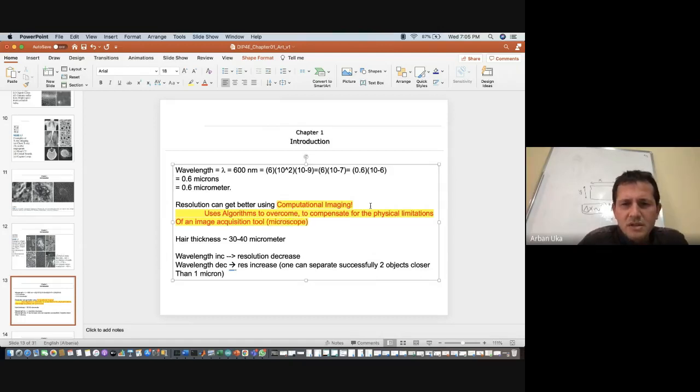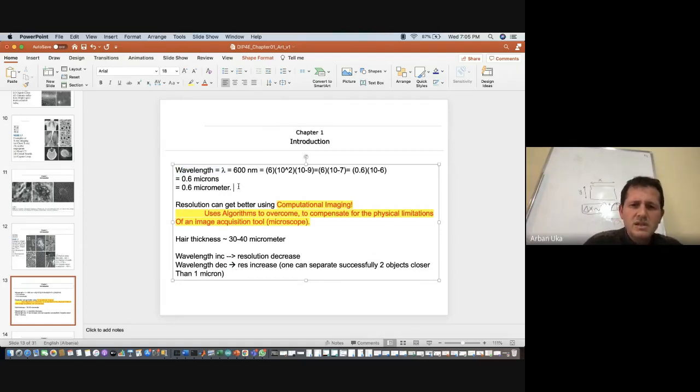And this is where we want better resolution. We don't want a very high resolution if you are taking a picture of a mountain or something, unless you want to see the hair or the fur of animals. So the resolution is all related to the physical limitation of the system, which is strongly related with the wavelength and with the quality of the lens that you are using.